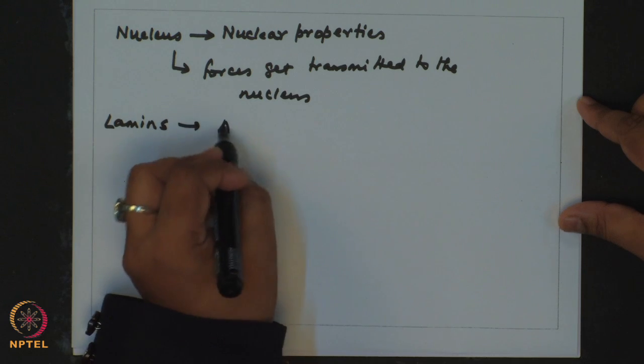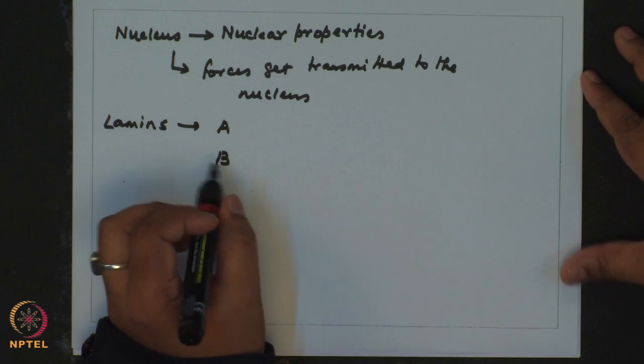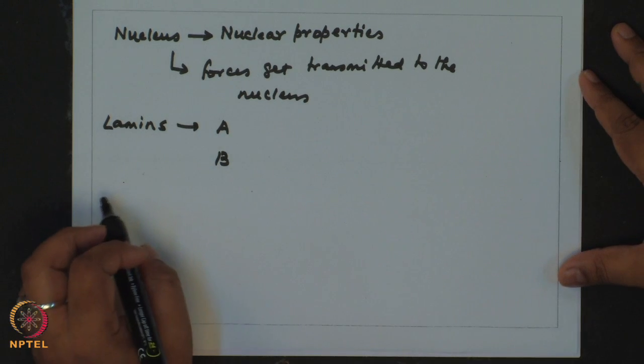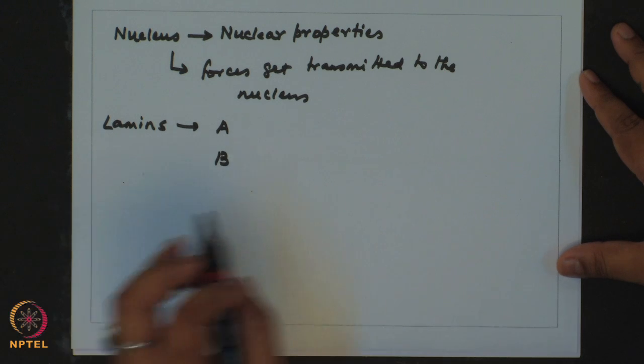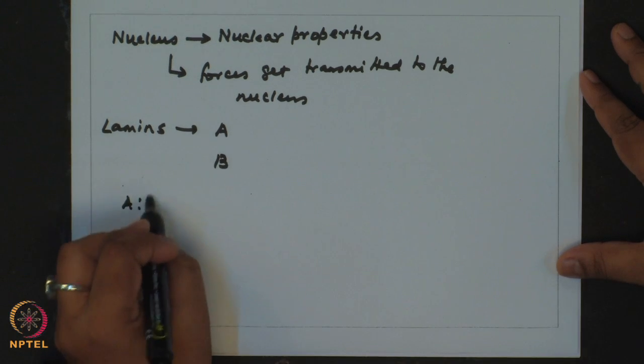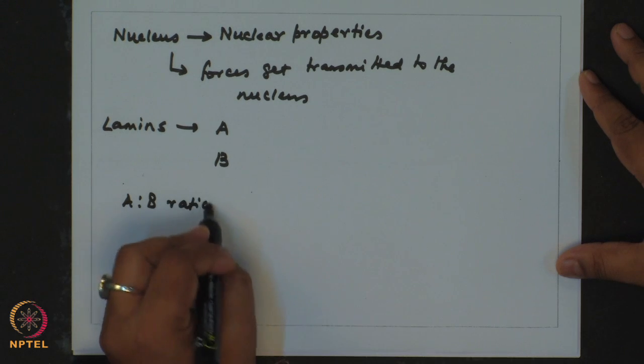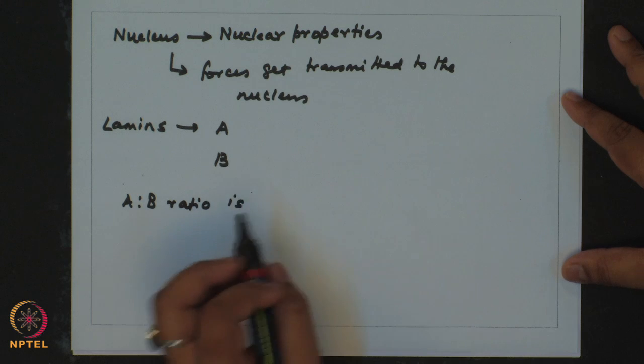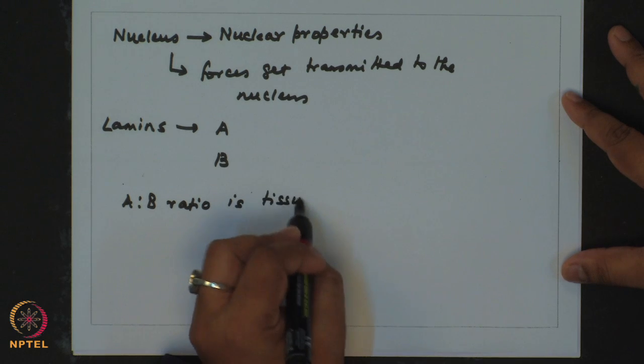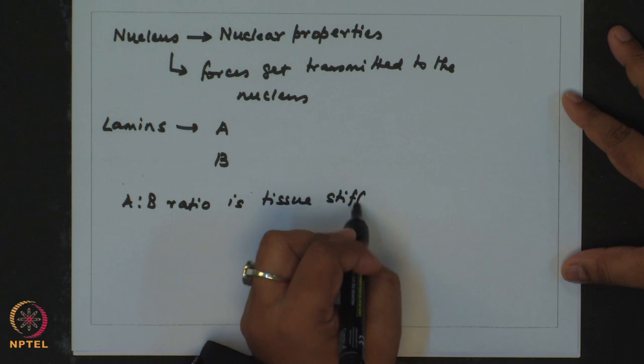Okay. You have A type lamins and B type lamins, and what has been observed in the literature is that the A to B ratio is tissue specific, or tissue stiffness specific.